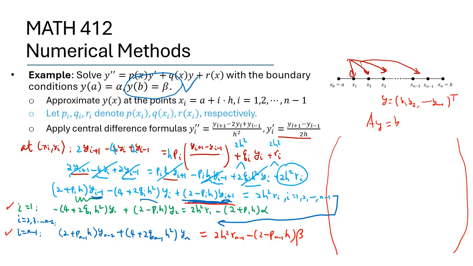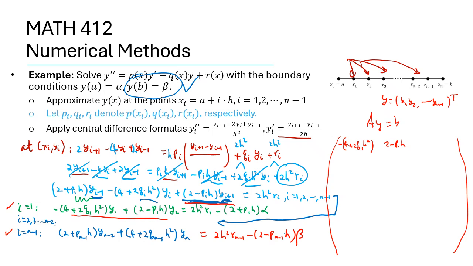And we'll see how about A. We set up the first row: negative 4 plus 2 q1 h squared for y1, 2 minus p1 h for y2, and the others will be 0.